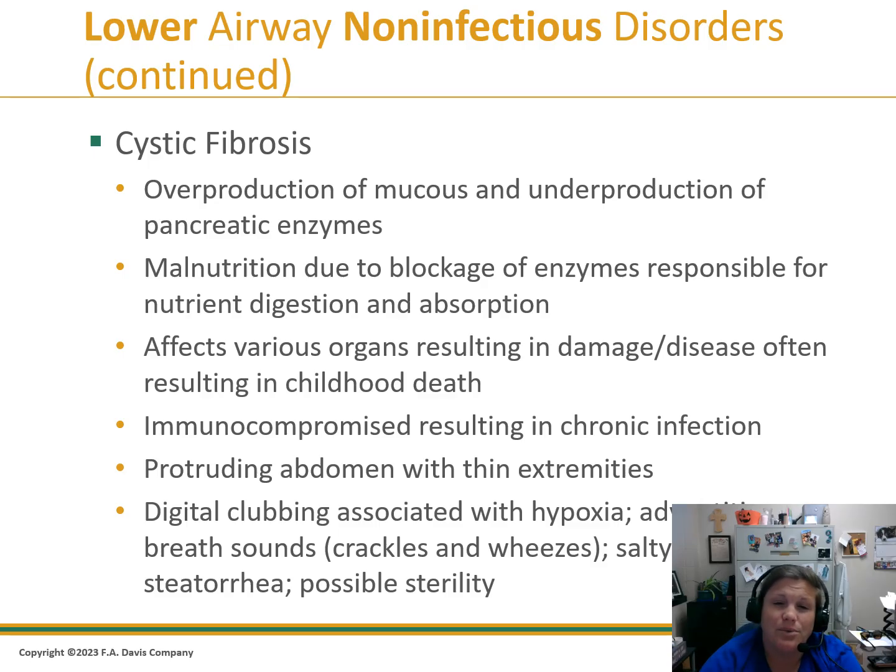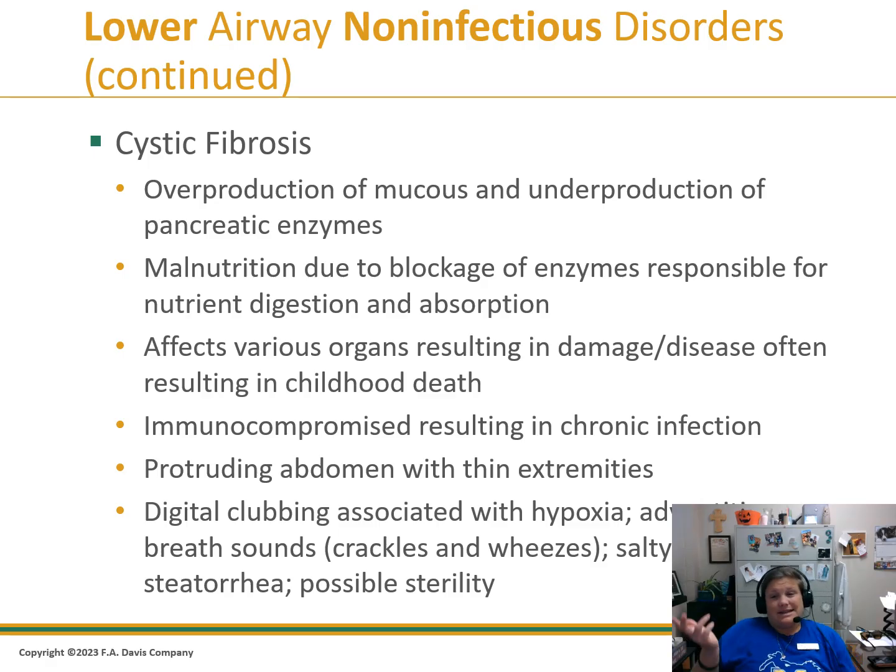Okay, CF is a very common cause of death in children. It is associated with overproduction of mucus and underproduction of pancreatic enzymes. Because of this, the patient becomes malnourished, because the enzymes that are responsible for digesting all the nutrients and absorbing them are being blocked.